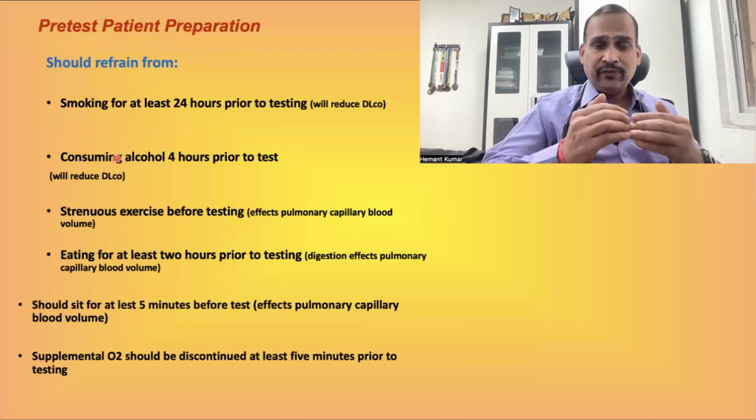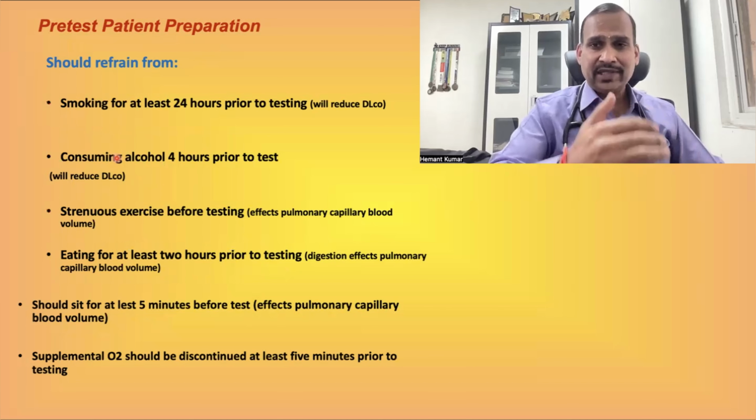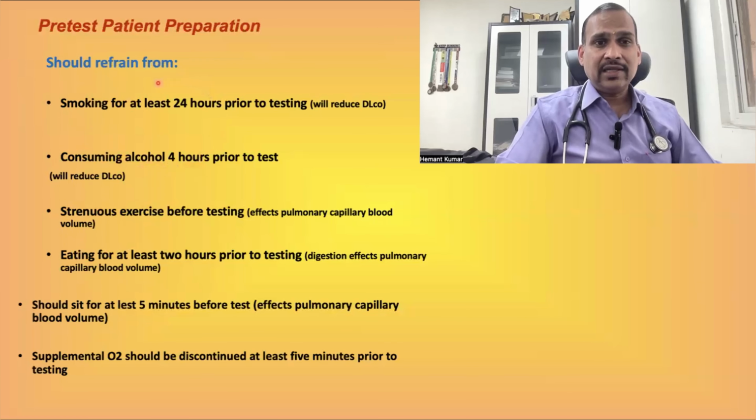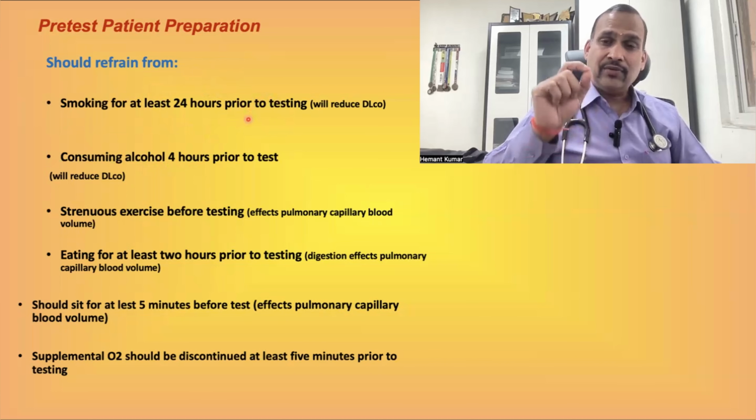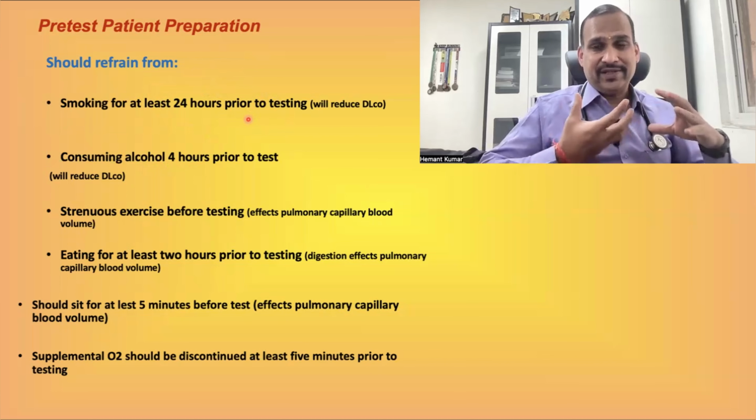Before prescribing this test, we have to give instructions to the patient. He should quit smoking at least 24 hours prior to testing, because smoking will give a carbon monoxide concentration in the blood, so there will be back pressure.